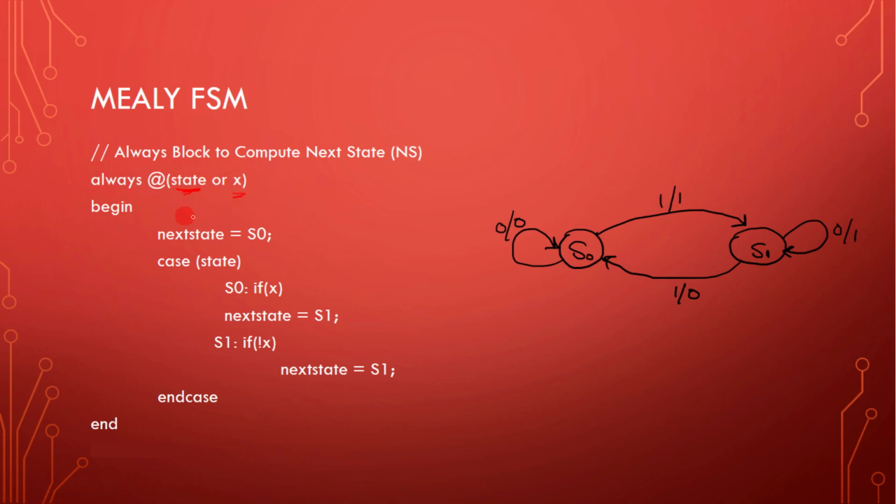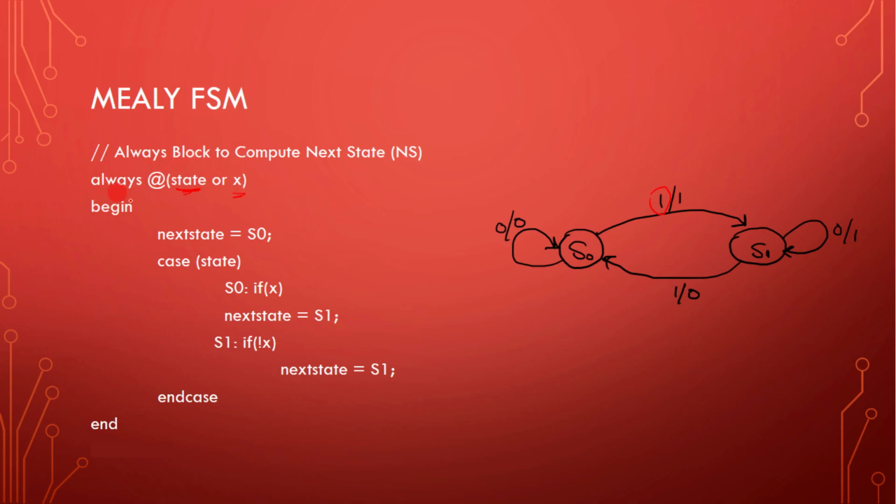In this cyclic behavior, you are initializing your next state to S0, and here is the case statement. When you are at S0, if you get an input which is 1, you move to next state S1. So if you have input 1, your next state will become S1.